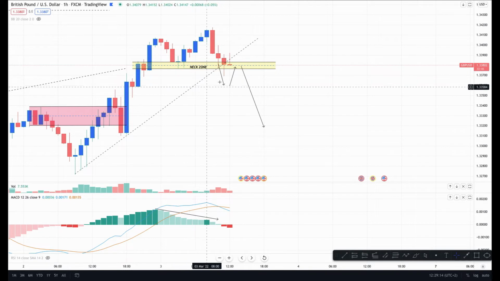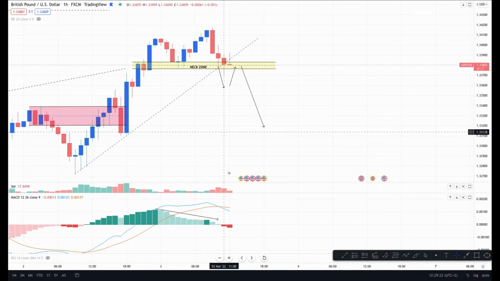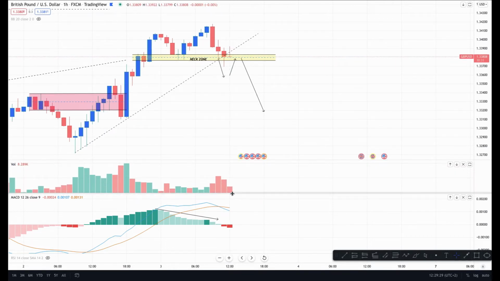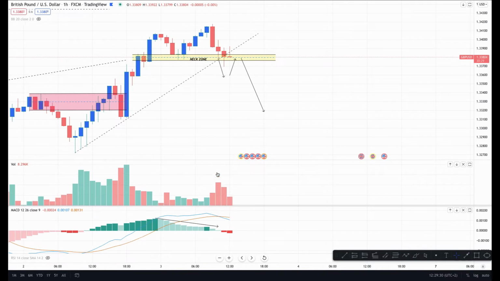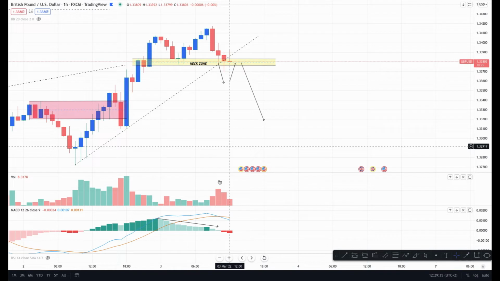Right, so what are we waiting for? We are waiting for price to break below this yellow neck zone, close below it, accompanied with pretty strong volume. Here is our volume, for those of you wondering. Let's bring this a little bit back down. We would like to see significant volume if we see price close below this neck zone.